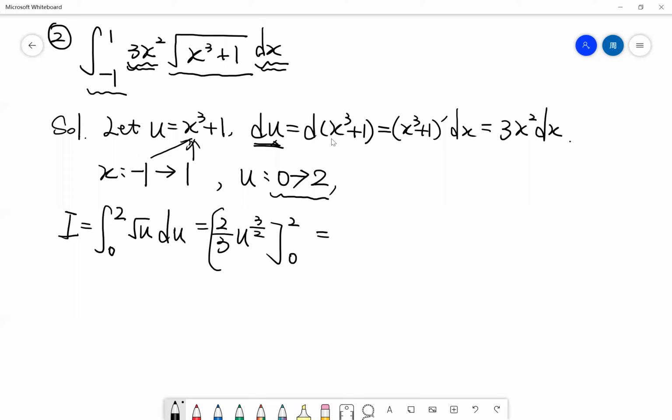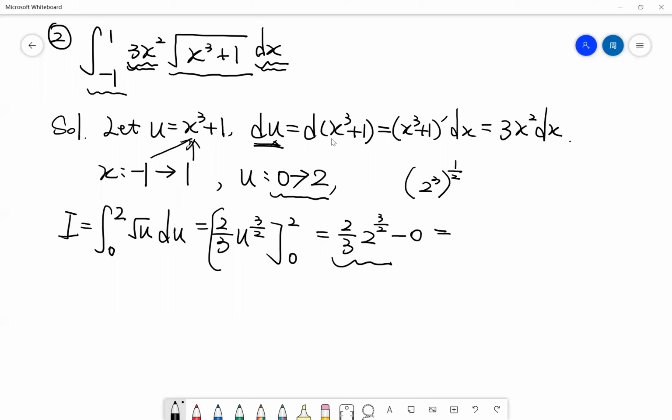So that equals, we substitute 2 into this function, so 2/3 times 2 power 3/2, minus 0 here, right? And for this part, some students make mistakes because 2 power 3/2 means 2 power 3 and then the square root, right?